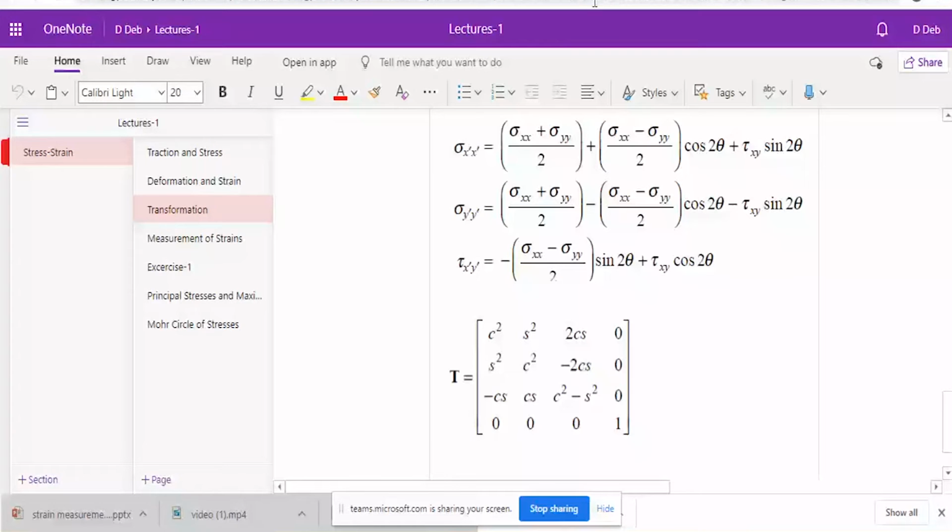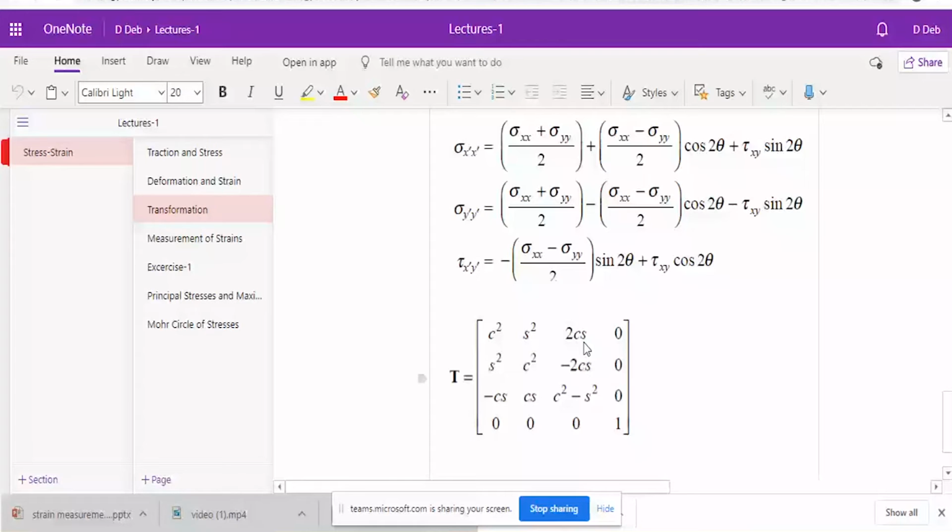A square will be sine square of minus 30 degrees and all this. So how much did you get? The first one, sigma x dash x dash, is 3.835. Positive or negative? Positive. Okay. Keep that value, we'll use it in another example also. Sigma y dash y dash is 14.165.